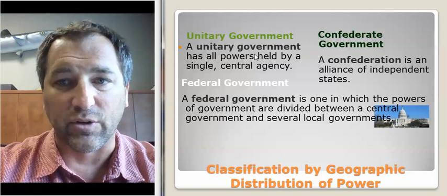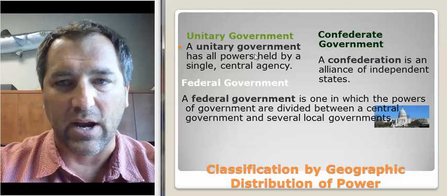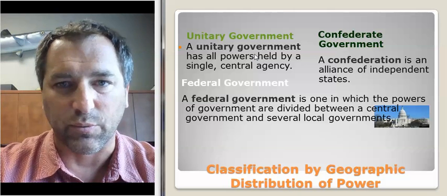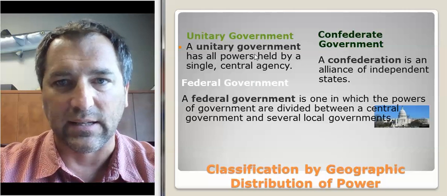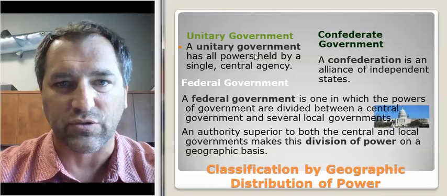There also could be a confederate form of government, which we tried at the beginning of our history. If you remember United States history class, we had the Articles of Confederation, which proved to be too weak, and the leaders got together and formed the new Constitution, which we still use today.